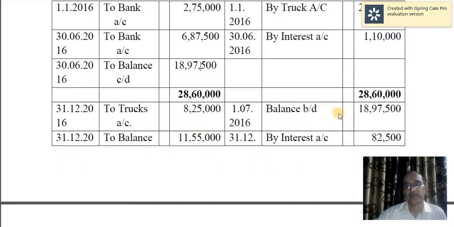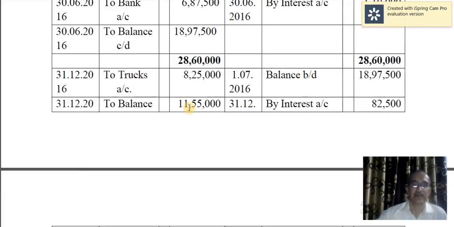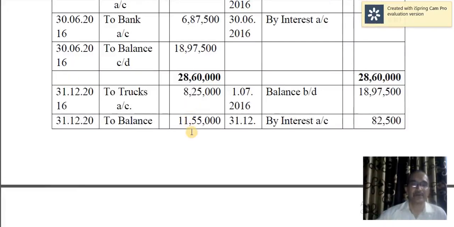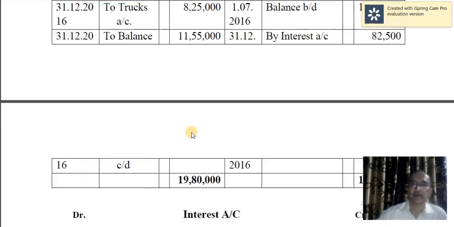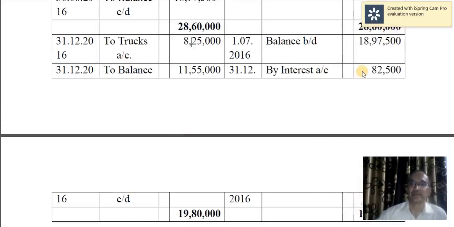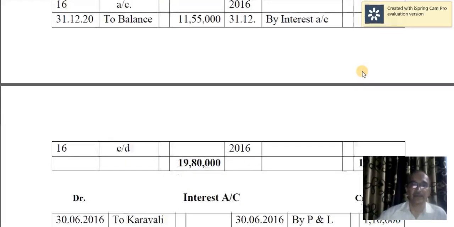So balance brought down 18,97,500. Okay, to trucks account, because this is the agreed value of 2 trucks repossessed, and this is the balance still due to Karavali traders. This is the interest for second year, which you already calculated.